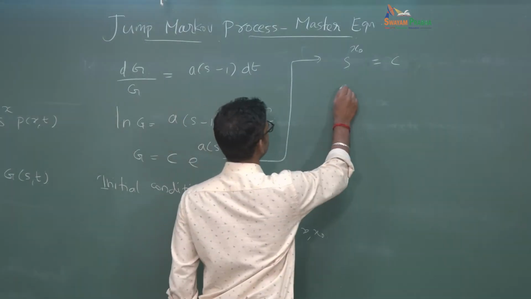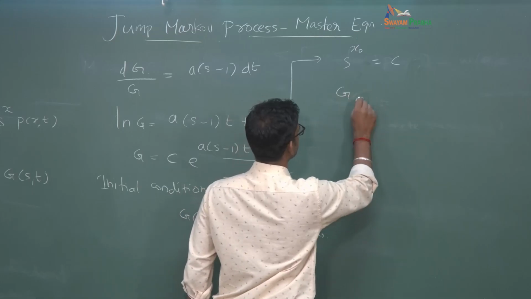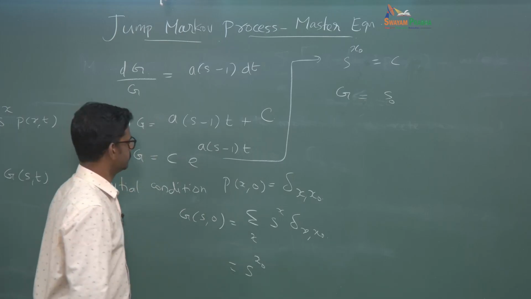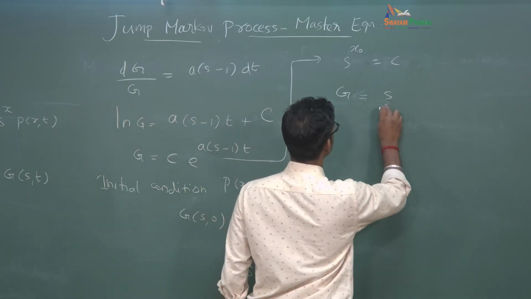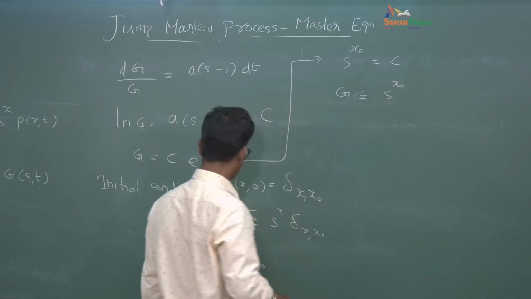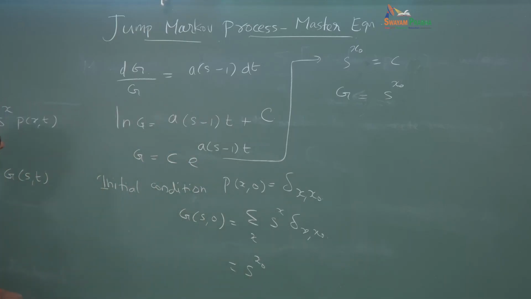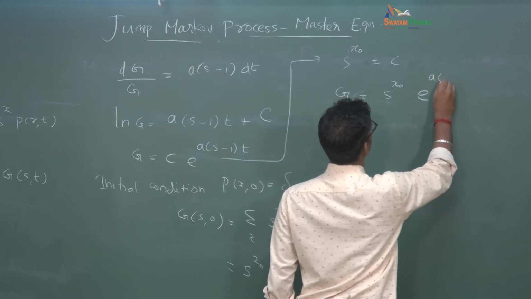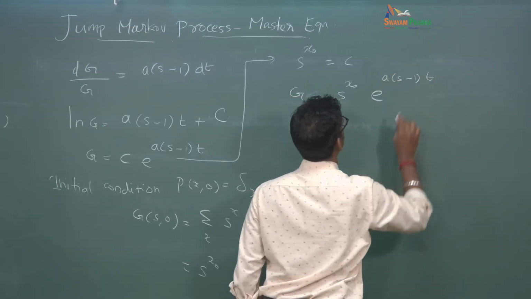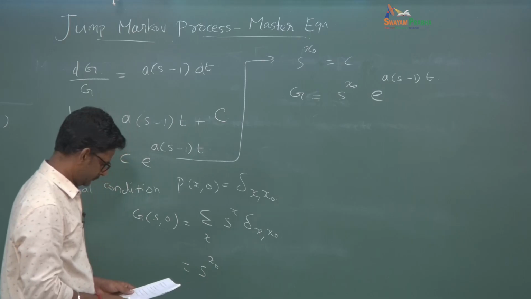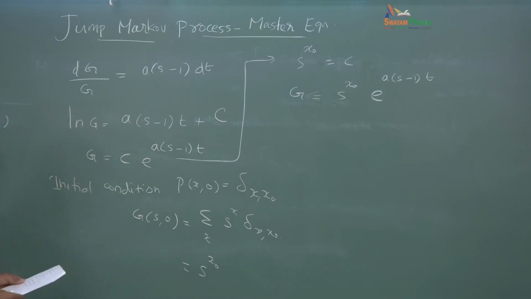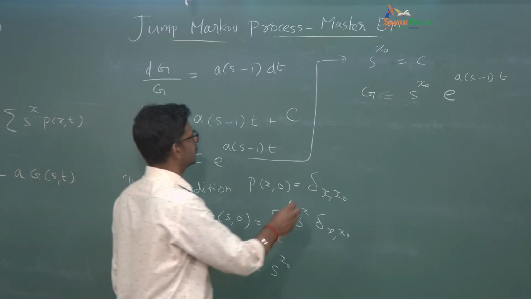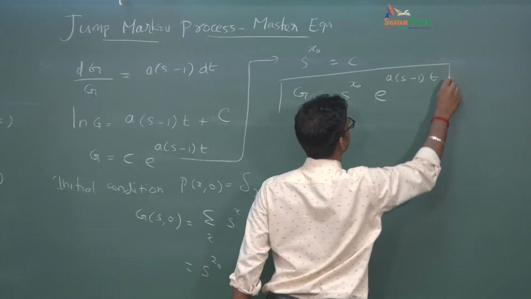Therefore g is s power x naught times e power a(s minus 1)t. So this is what you should get as the final solution.